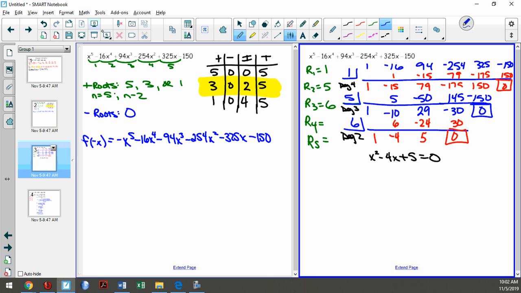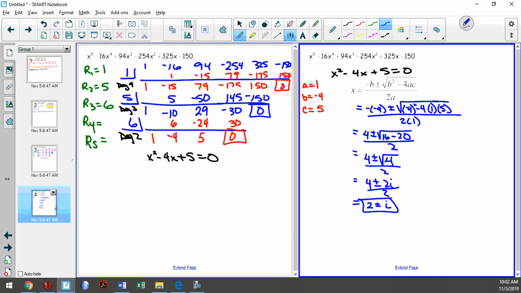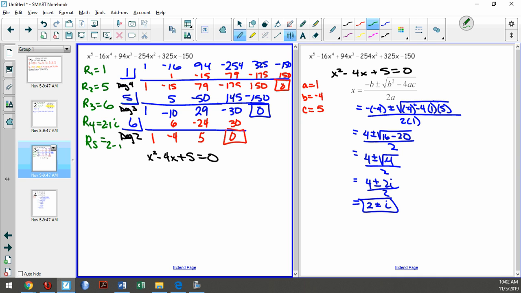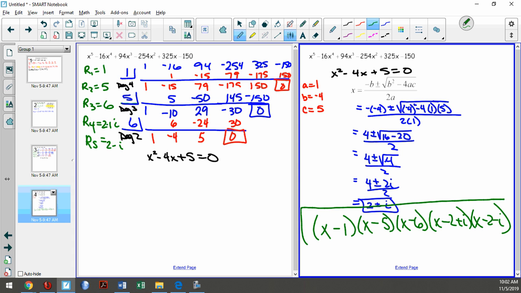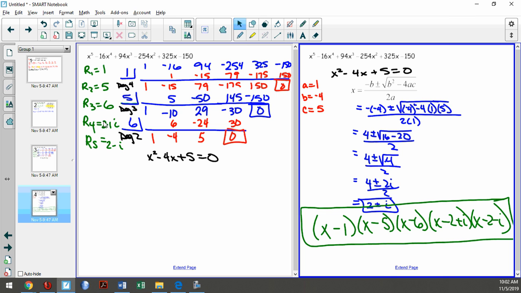And what did I say that was just a second ago? 2 plus I and 2 minus I. So my complete factorization is going to be x minus 1, x minus 5, x minus 6, x minus 2 plus I, and x minus 2 minus I. That is now done.